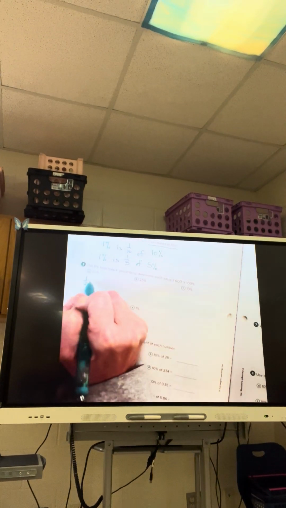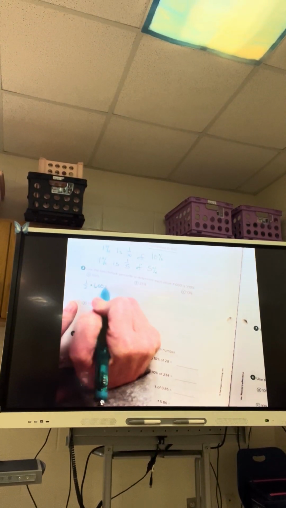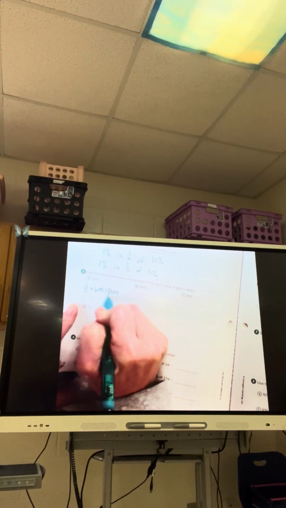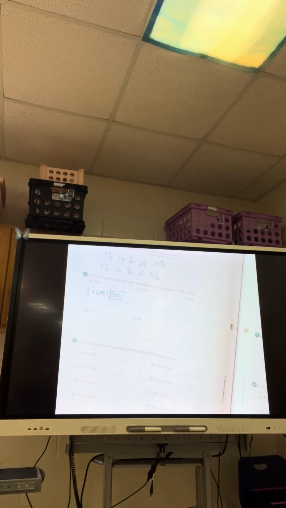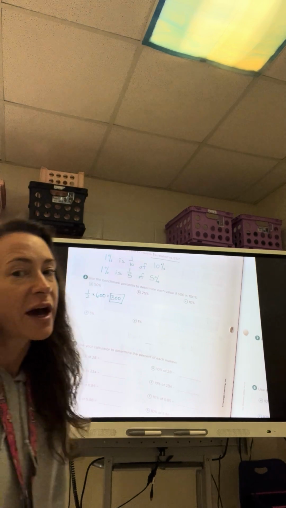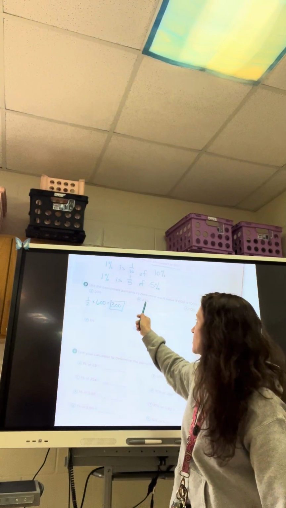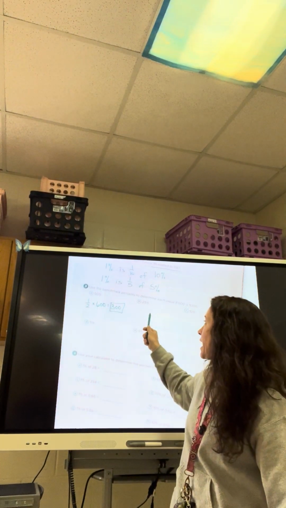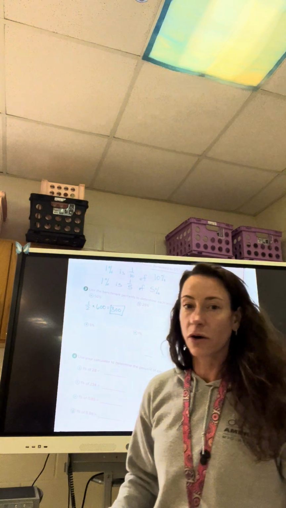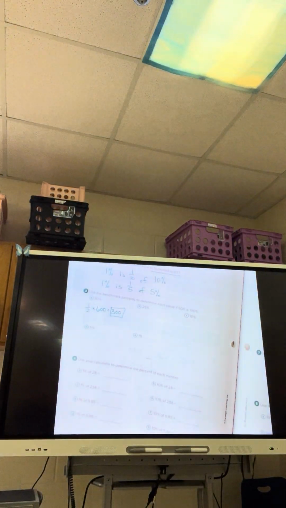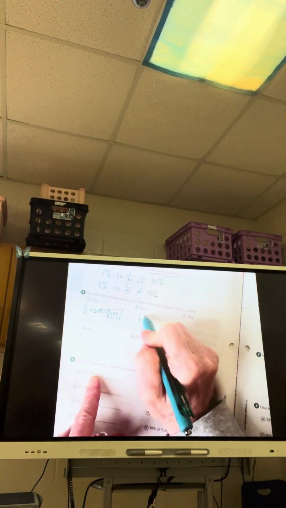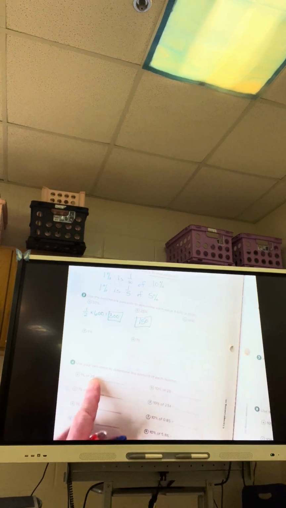Half of 600 is 300. What about a quarter? Well, I know 25% is half of 50. If 50% is 300, 25% is half of 300, which is 150.